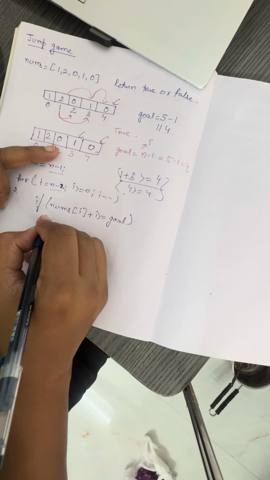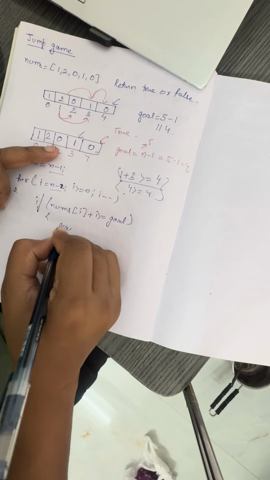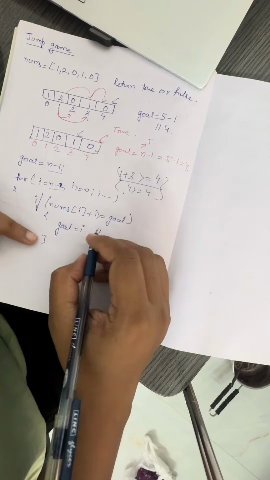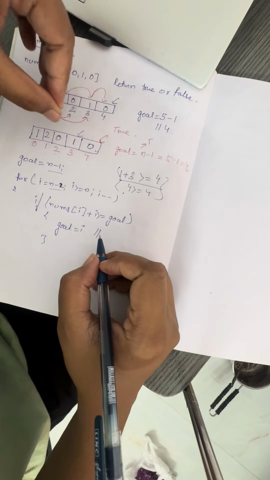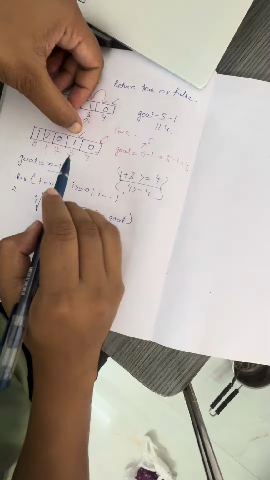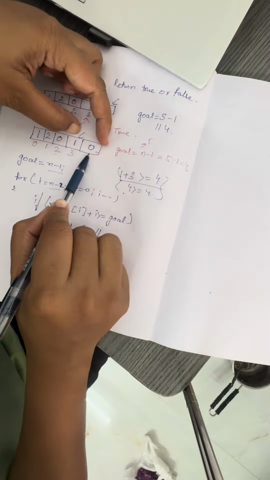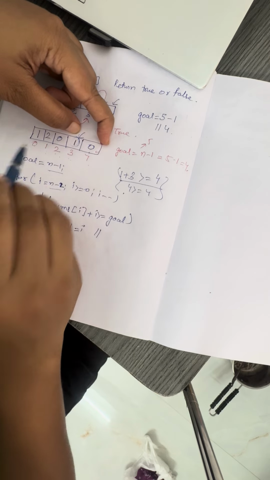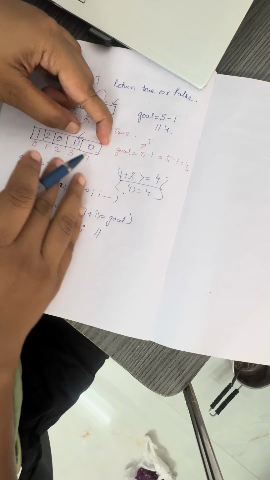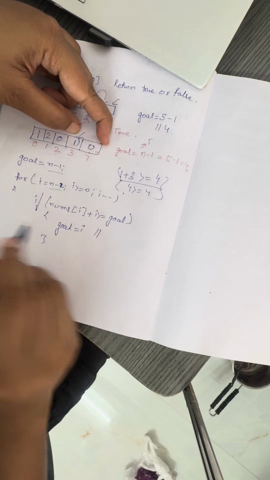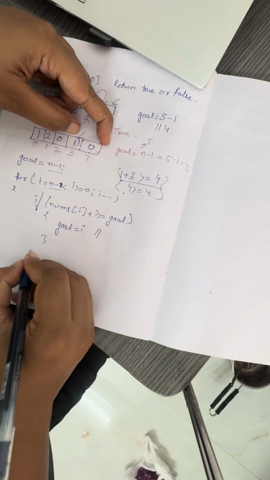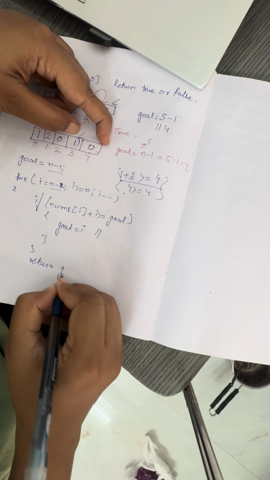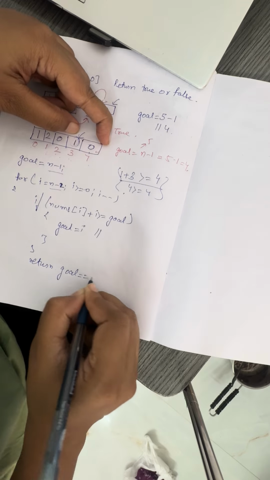So if it is possible, we will move the goal to i. Now we are saying that our goal has become this element. From here to here we know we can reach, but are we able to reach this position itself? So we need to check, and we need to subsequently check for all the other elements for the same. At the end, we are going to return goal equal to equal to 0.